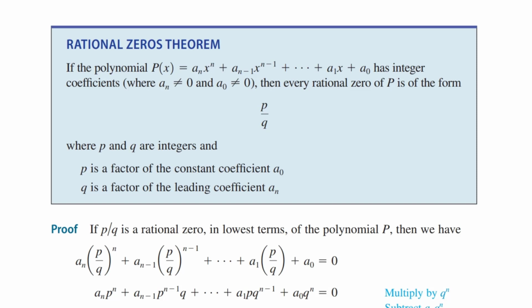And as you can see here, those rational zeros are going to be of the form p over q, and the numerator of those rational zeros is going to come from factors of the constant term. In a similar fashion, the denominator of those rational zeros is going to come from factors of the leading coefficient.